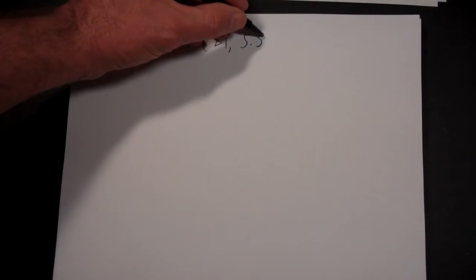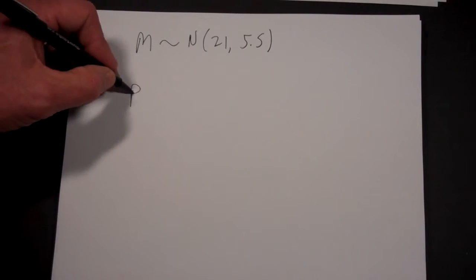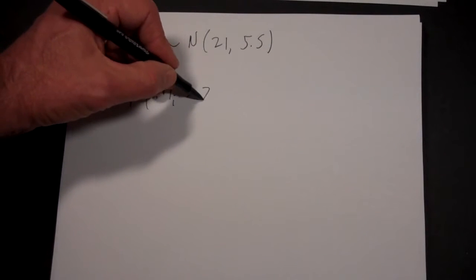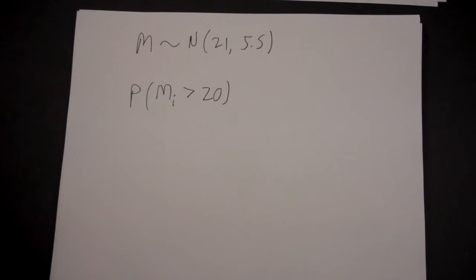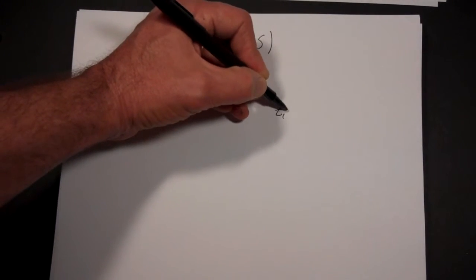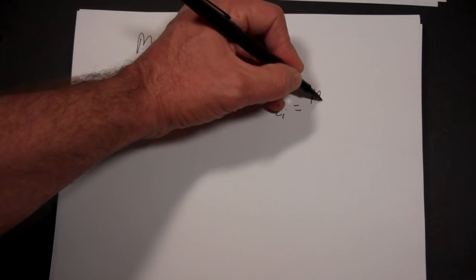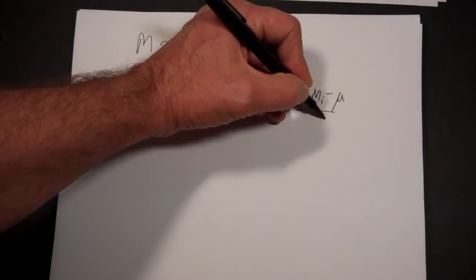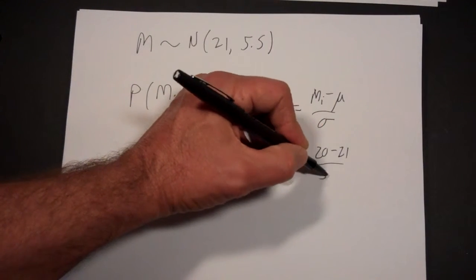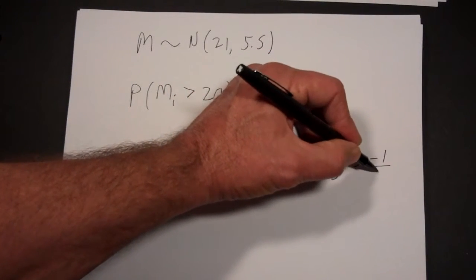Let's think about how that would work. If m was distributed normally, mean of 21, standard deviation of 5.5, and you wanted to find the probability that mi, say, was greater than 20, you would have to use the formula zi is equal to mi minus mu over sigma. In this case that would be 20 minus 21 over 5.5, or minus 1 over 5.5.